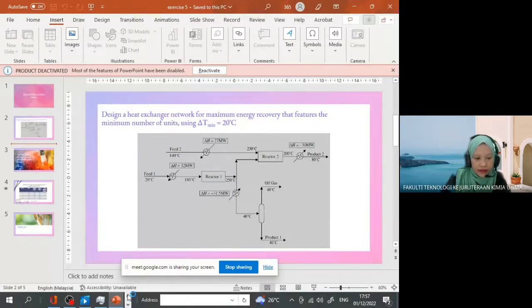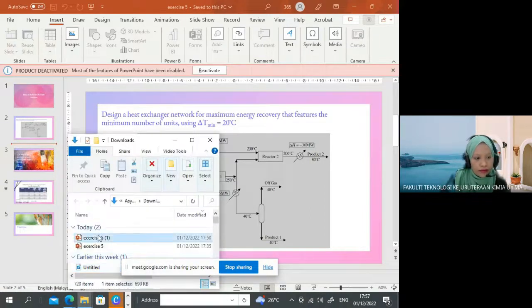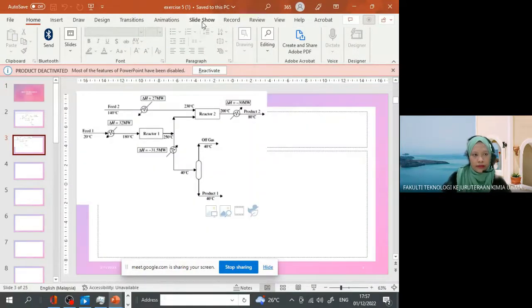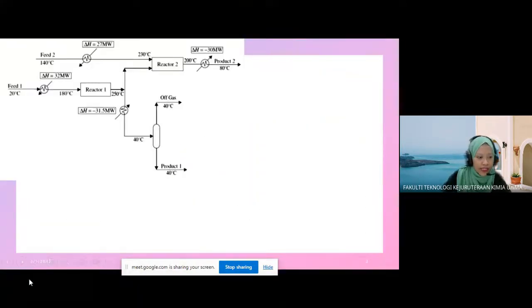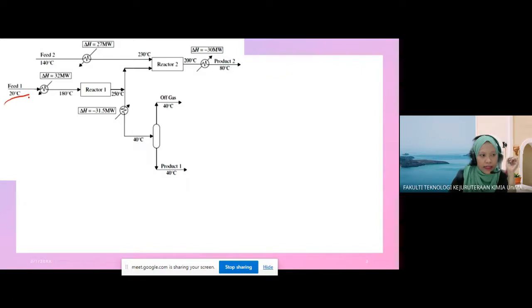Where is it? It disappeared. Okay, can you see my screen? I need to rewrite. Can you see my pen? Yes, the red pen. Thank you.